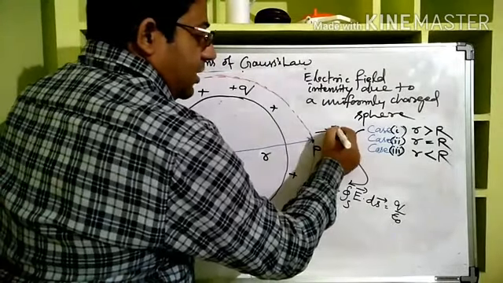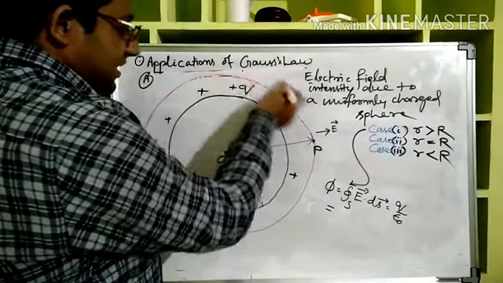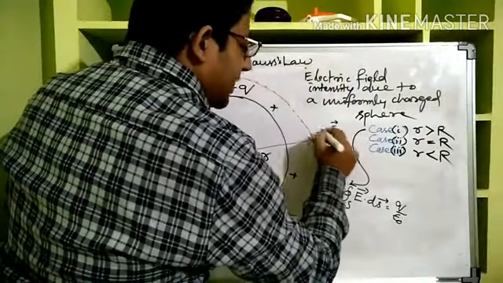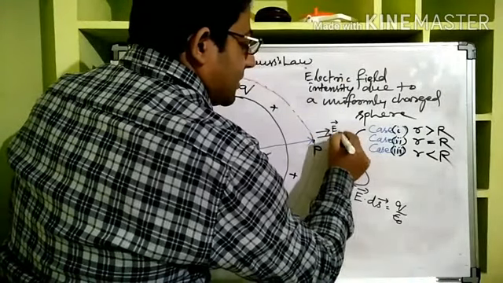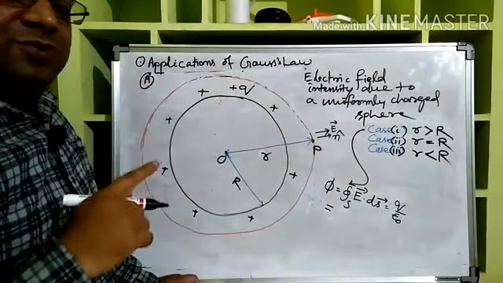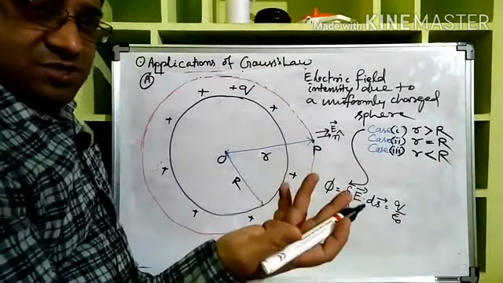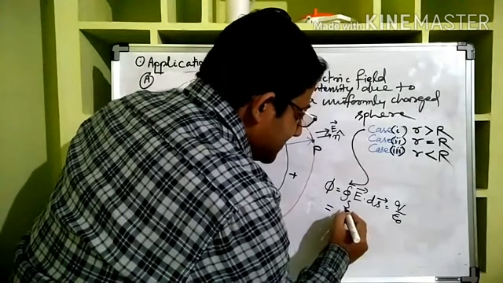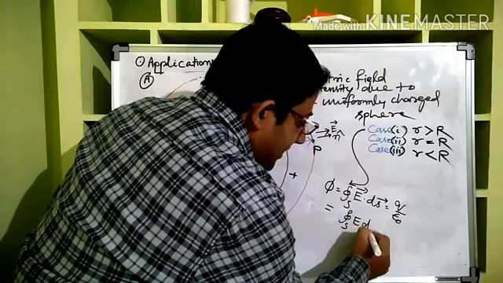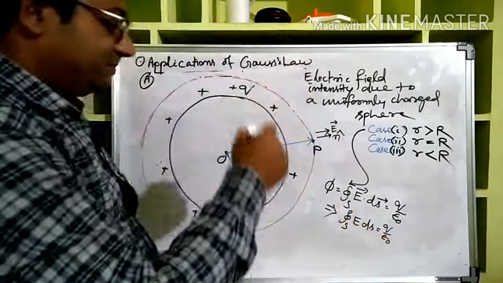And what is the direction of ds? On this surface, any small area you take will be along the outward normal, so at a particular point the direction of the area also will be in the same direction. So theta is how much? 0 degrees. So E ds cos 0, and cos 0 is 1, so it became E ds, yes or no? Closed integral of E ds is equal to q by epsilon naught, yes or no?